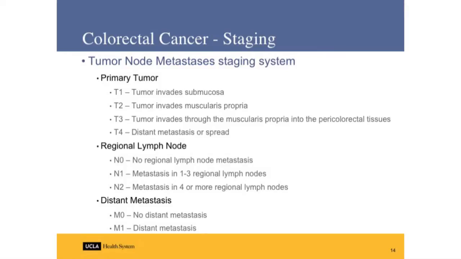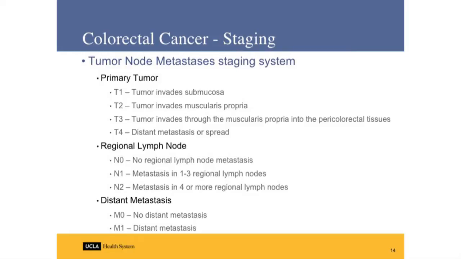This slide just outlines the staging of colorectal cancer, and a similar staging system is followed for most cancers. It's called the Tumor Node Metastases staging system. So basically, there are 3 things that we look at. We look at the primary tumor, so we're looking at the size of the tumor and also what it's invading.